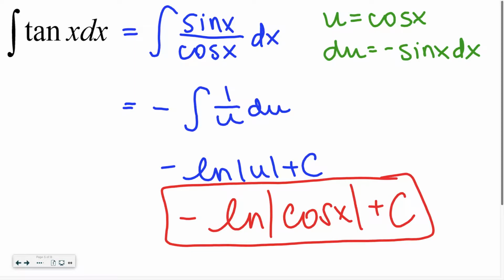Find the antiderivative of cotangent for me. Work together at your pod. I just modeled tangent. Let's see, so this equals cosine over sine. We still want to be using the same idea as our u. So our u is sine.